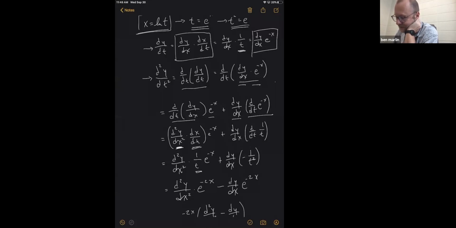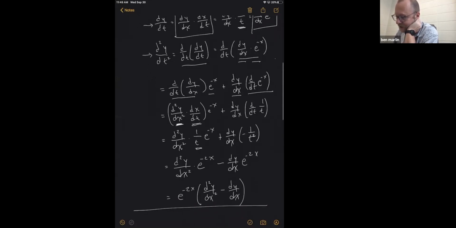So that's going to turn into an e to the minus x, and that's why we have this e to the minus 2x cropping up here. On the other factor, though, we had to take just the derivative with respect to t of e to the minus x, which was just the derivative of 1 over t with respect to t, which of course is going to be negative 1 over t squared, which is e to the minus 2x, okay?